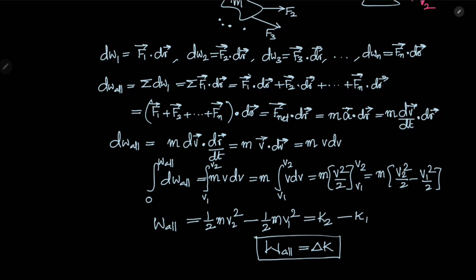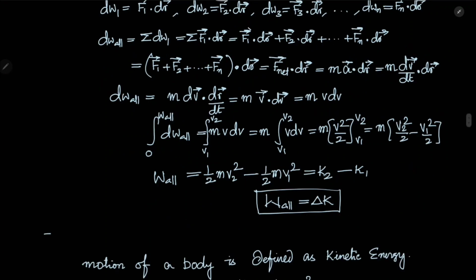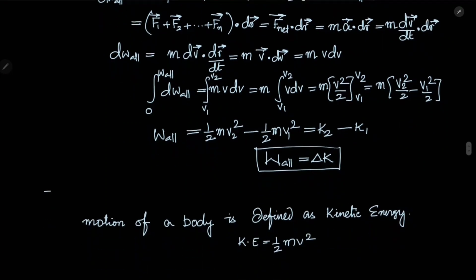But as far as mechanics is concerned, work done by all the external forces is equal to change in kinetic energy. A very important noteworthy point is that the energy due to the motion of a body is defined as kinetic energy, that is half mv square.